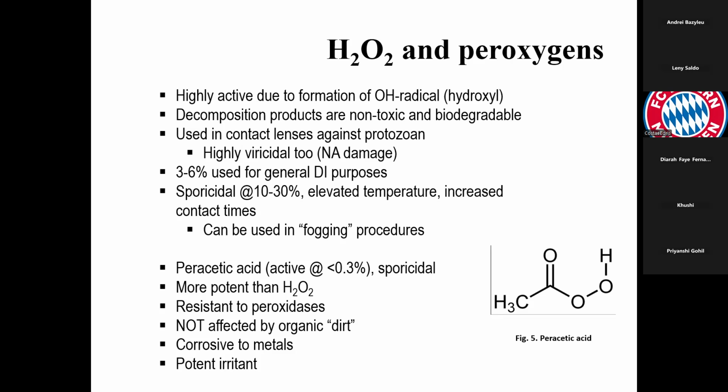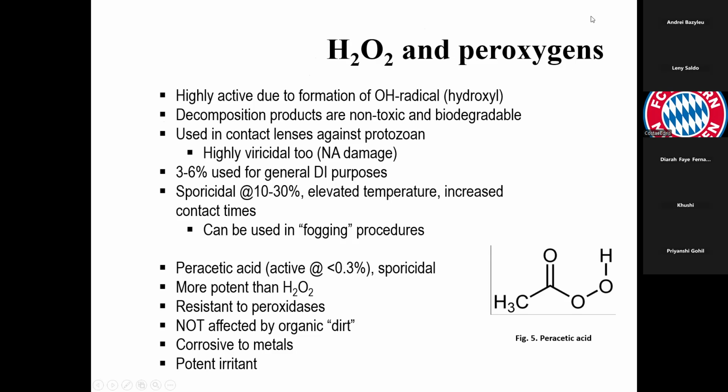A lot of these disinfectants are potent because of the formation of radicals, the chemical entities that have an unpaired electron. The same with peroxygens and hydrogen peroxide as the first representative of this class, the simplest of them. They're actually very active. They're very efficient.